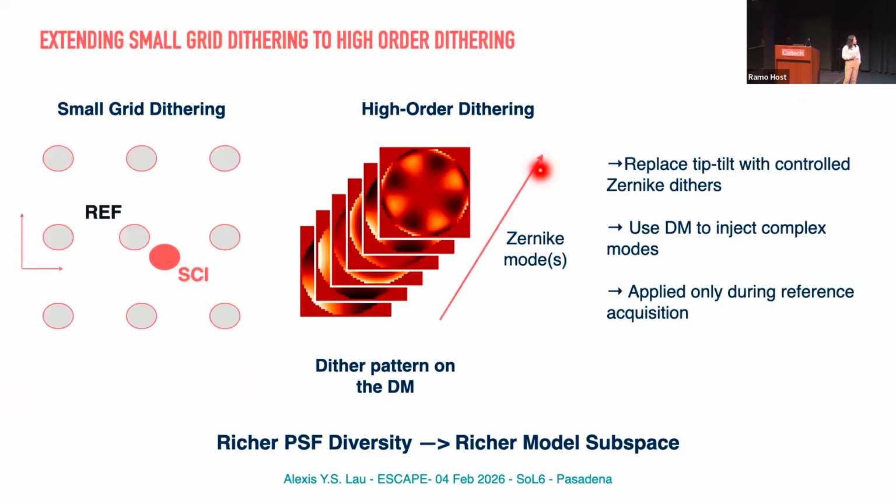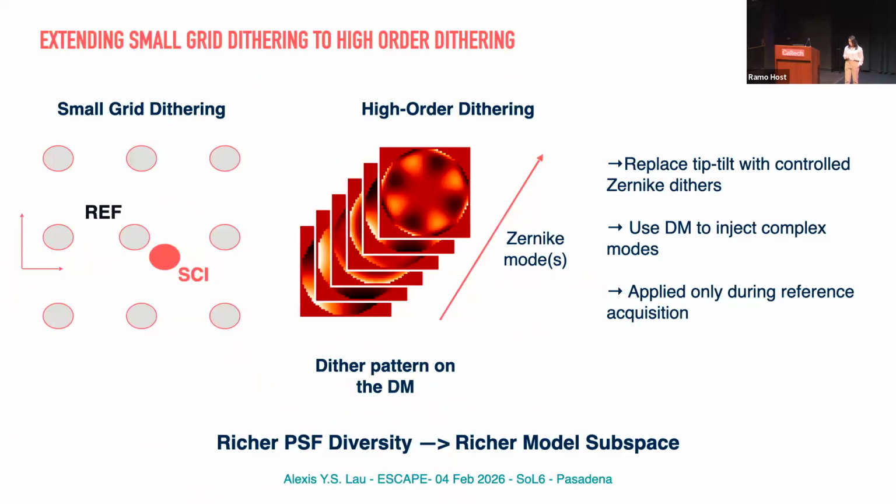Using the deformable mirrors, we can introduce controlled phase perturbations, and these perturbations can be expressed in modal bases like Zernikes. Similar to the small grid dithering strategy, we will apply these jitters during the reference acquisitions, leaving the science images untouched. The idea is that if we have richer PSF diversity in the reference library, we will have a richer model subspace when it comes to post-processing.